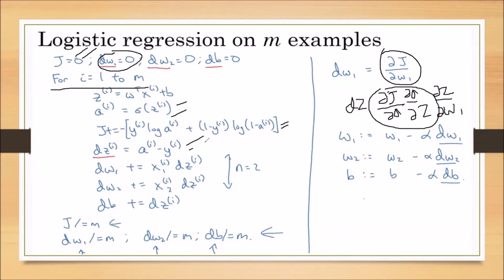Now we calculate a minus y and multiply it with x1. When we multiply a minus y with x1, we have calculated the differentiation of the cost function with respect to w1. When we multiply a minus y with x2, we have calculated the differentiation of the loss function with respect to w2.